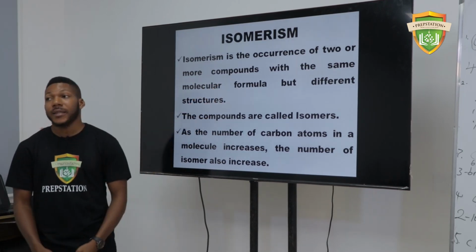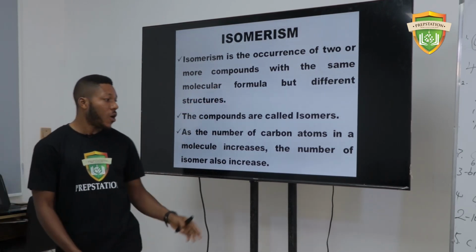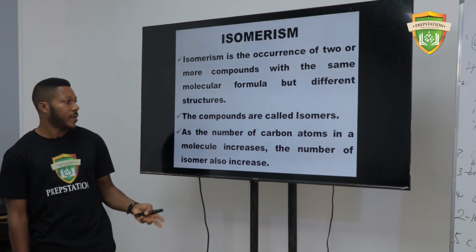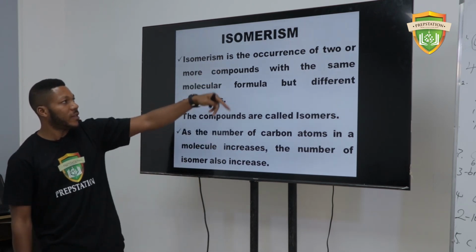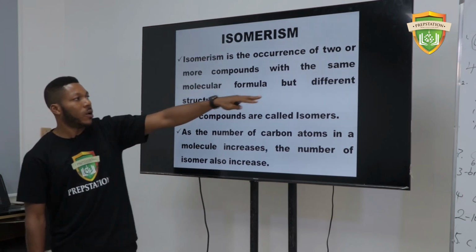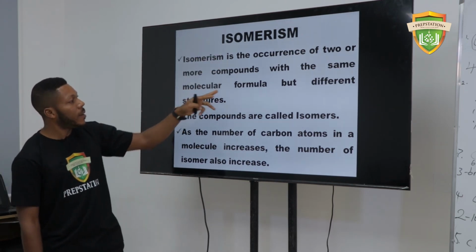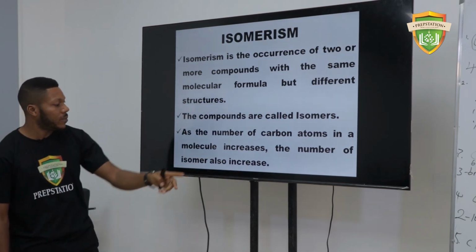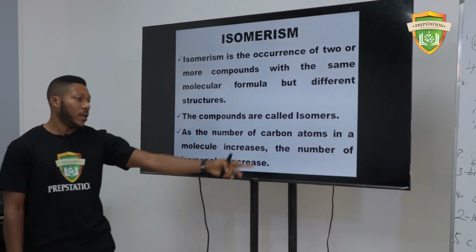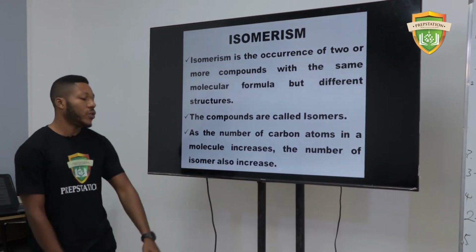Isomerism. Then the compounds themselves are called what? Isomers. So this is a phenomenon in which organic compounds contain the same molecular formula but different what? Structures. Now, as the number of carbon atoms in the molecule increases, the number of isomers also increases.